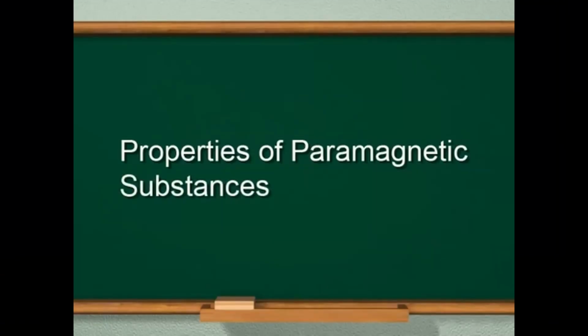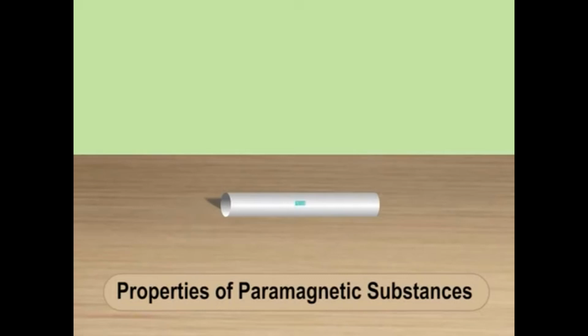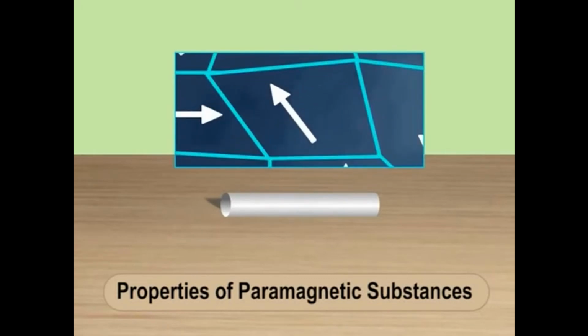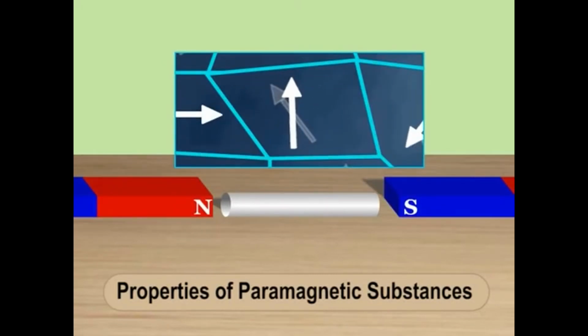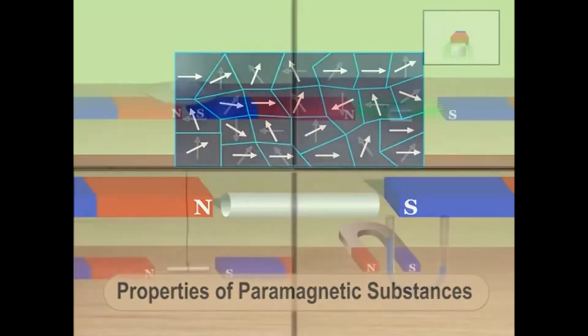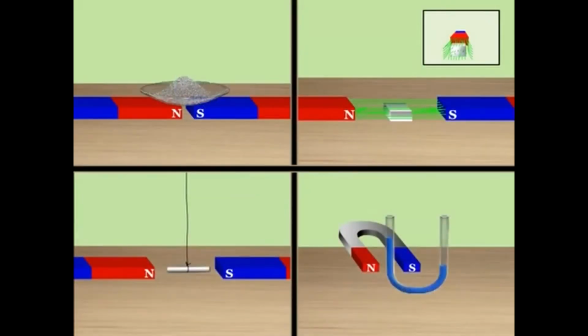Magnetic substances are: a paramagnetic substance is feebly attracted by a strong magnet. When placed in a non-uniform magnetic field, these substances move from weaker parts of the field to the stronger parts.